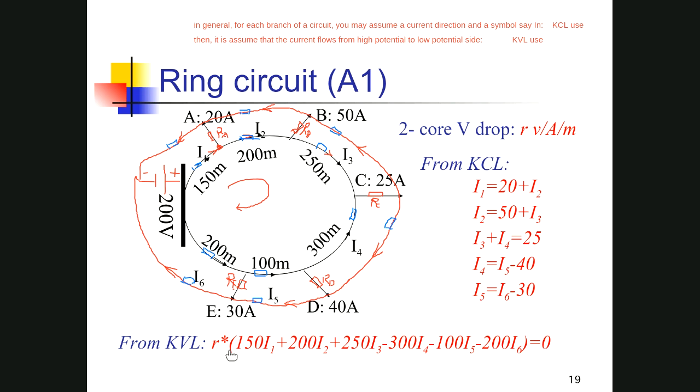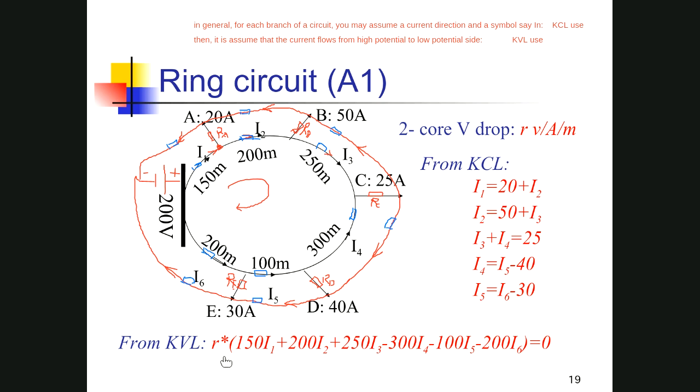The R here is the resistance per meter, per conductor or two conductors, it doesn't matter. So the total voltage drop in one loop is 0.